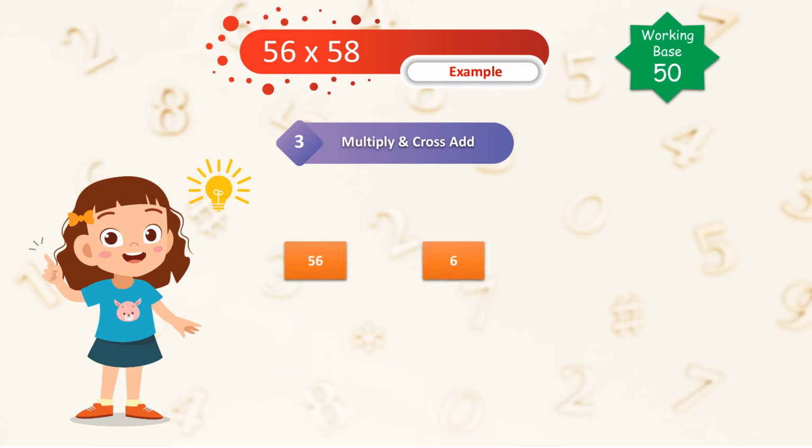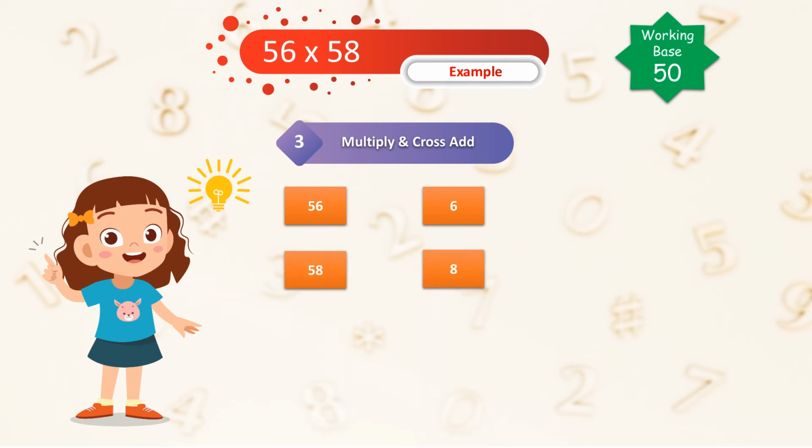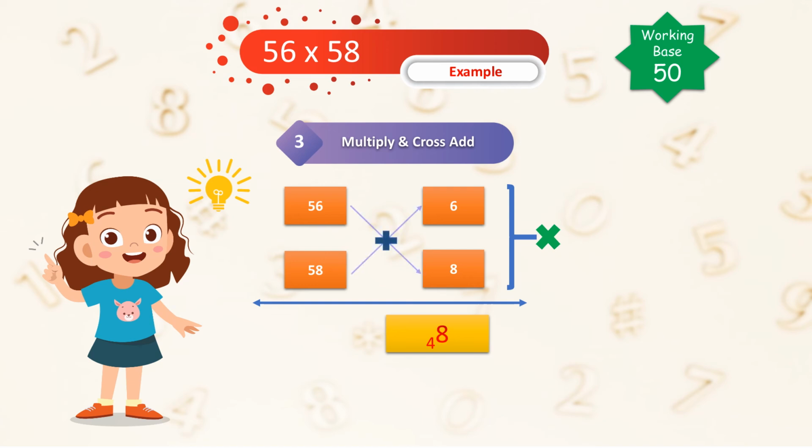We have 56 and 6, and 58 and 8. 6 times 8 equals 48. 56 plus 8, or 58 plus 6, gives 64. 64 denotes the total number of tens and 48 denotes the total number of ones in our answer. That completes step 3.